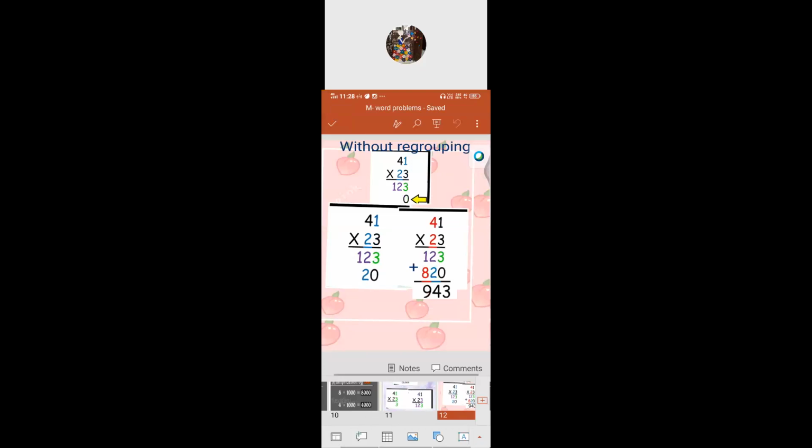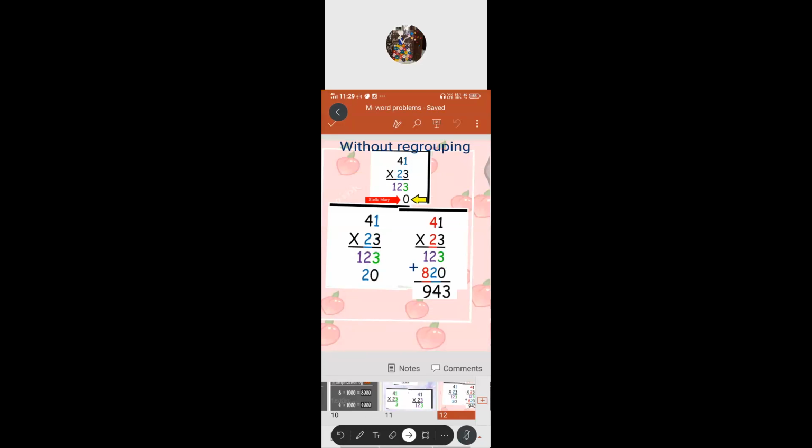Because we are multiplying by the tens digit. This is not a simple 2, that is a 20. 41 multiplied by 20 is what we are doing. For that reason we add 0 at the right.